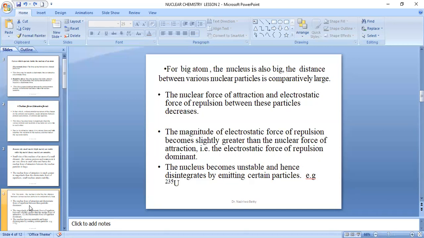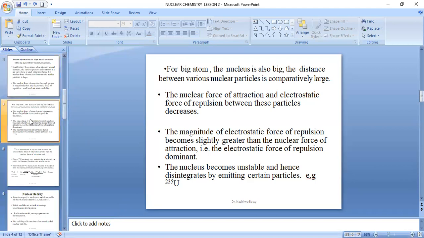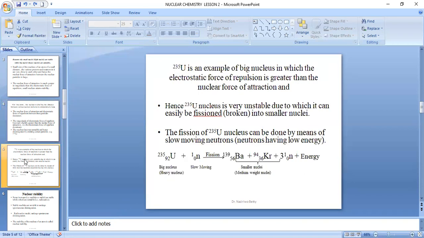An example is uranium-235. Uranium-235 is an example of a big nucleus in which the electrostatic force of repulsion is greater than the nuclear force of attraction.